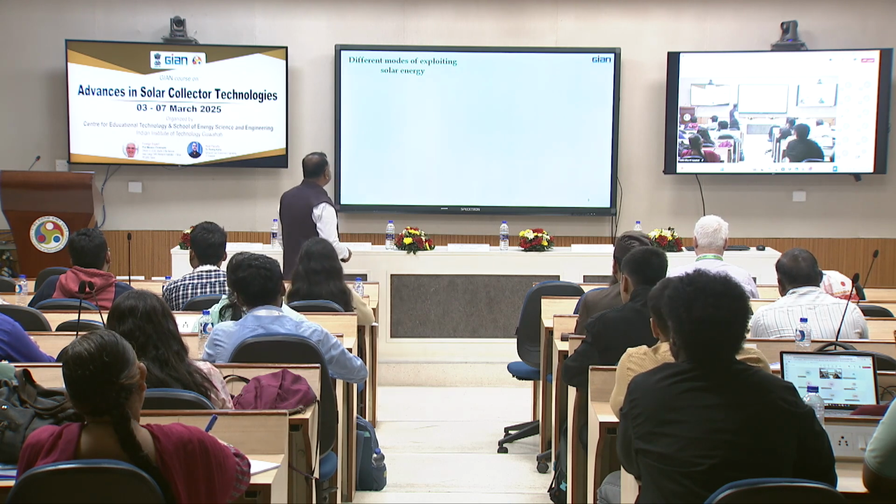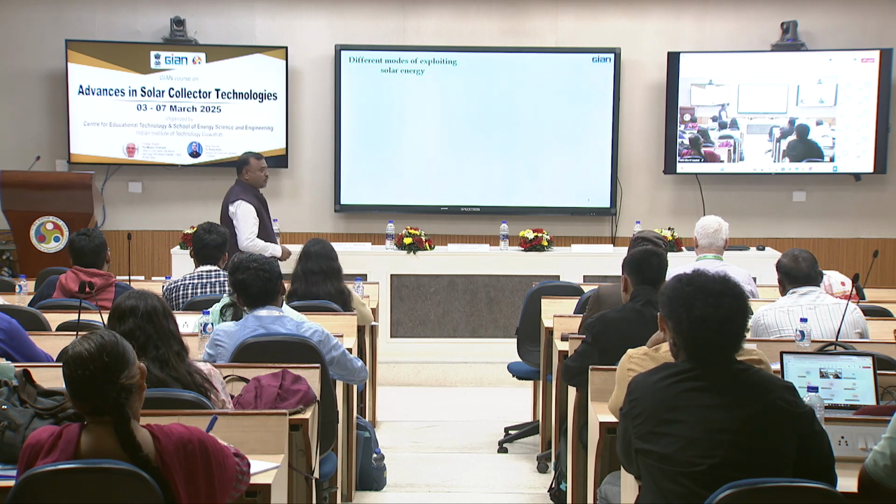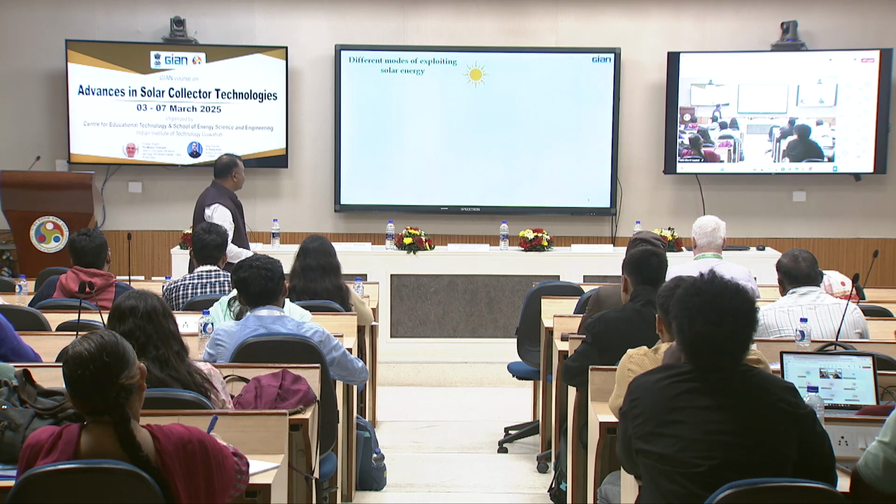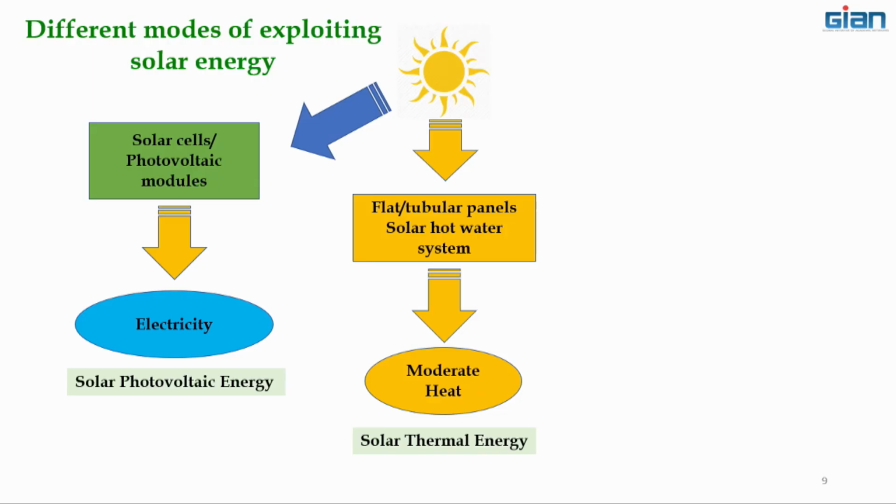Now we'll discuss the different modes of exploiting solar energy. Already you are aware there is a direct conversion from solar radiation to electricity, this is solar PV. Then we can go for some kind of panels, solar hot water systems, and we can generate moderate heat, okay, and that heat can be used for thermal applications.